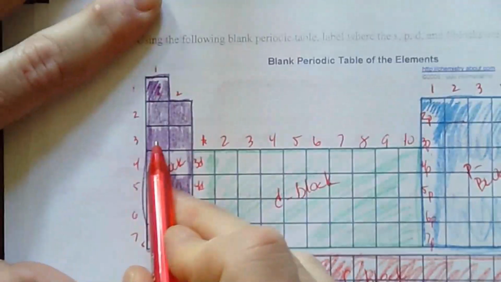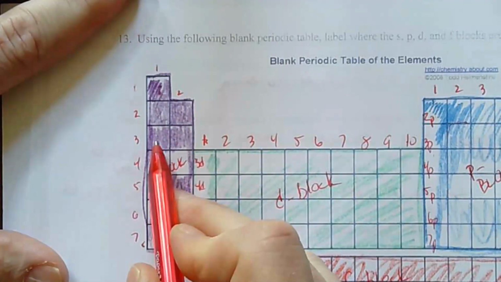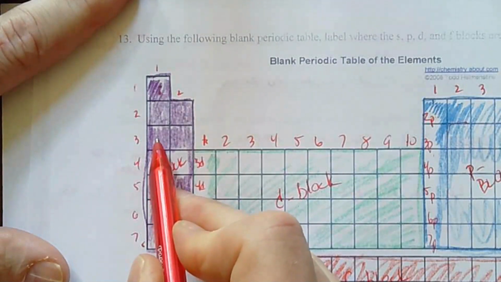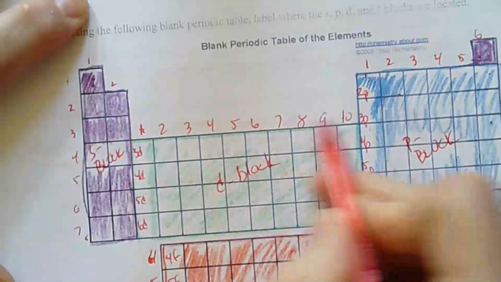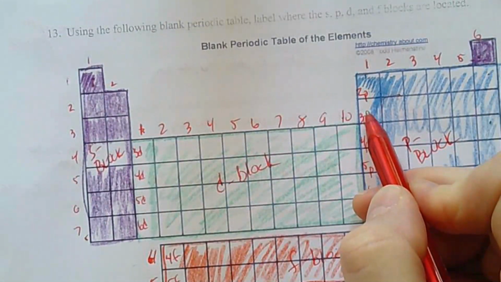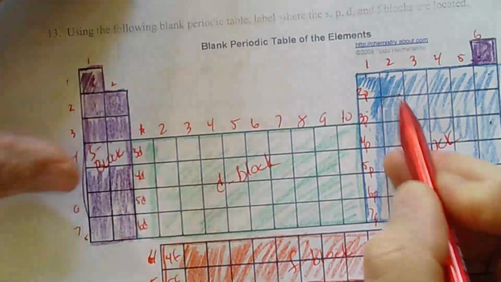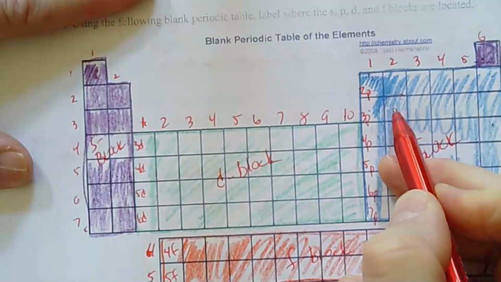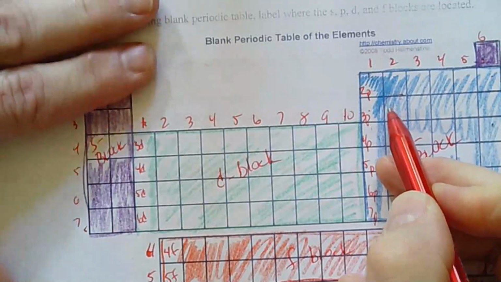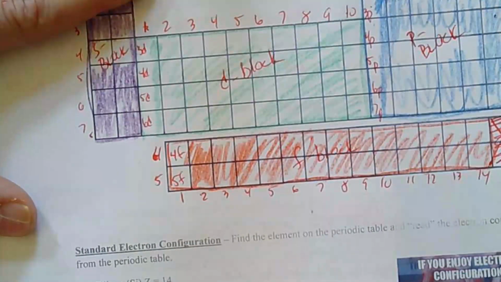Jump down to the next step, and I'm in the 3s block. This fills 3s1, 3s2, still not to silicon. So I write down 3s2 here, and jump across to the p block, and silicon is right here. So this is now filled to 3p1, 3p2, and I'm at silicon, so I just write down that partial 3p2, and we're done.